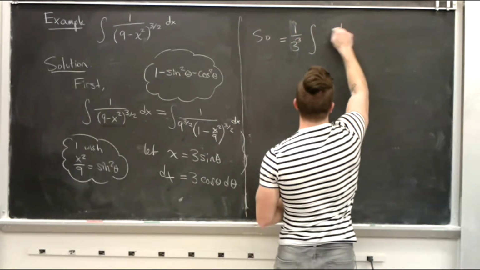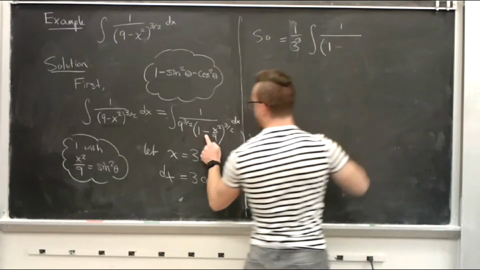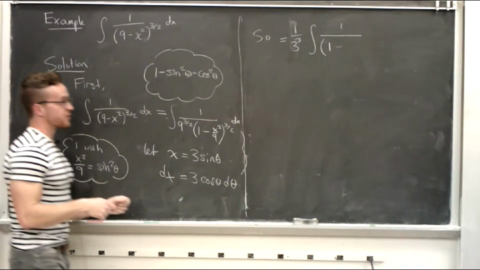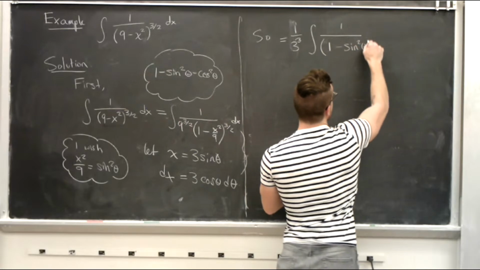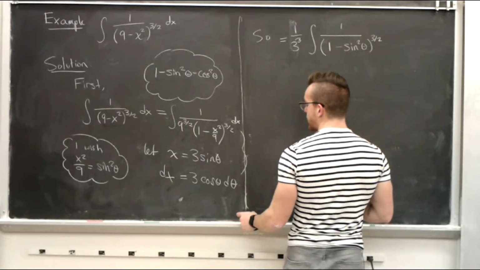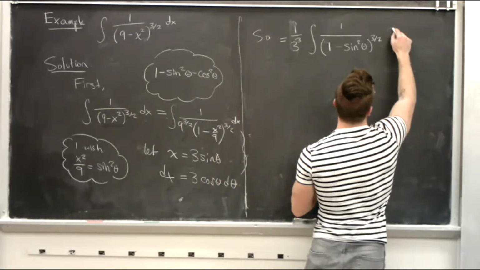Integral of 1 over, I've got 1 minus, by construction, x squared over 9 is sine squared of theta. And then dx is 3 cosine theta.